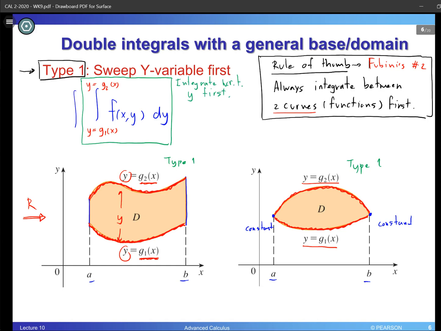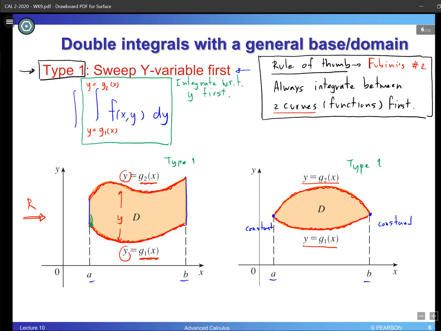When you integrate a function with respect to a variable, it can be considered as sweeping on that variable. That's why you see this sweep y variable first up here. What does it mean by sweeping? It means this: when you integrate over this region in the y direction, it's going to create this sweeping pattern from the lower curve to the upper curve.